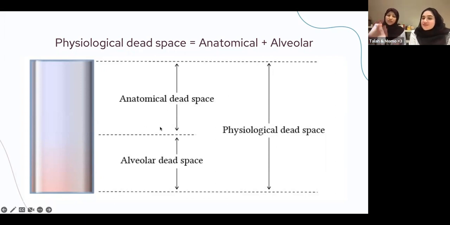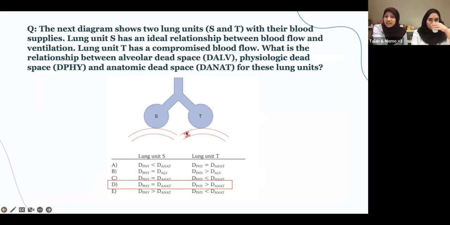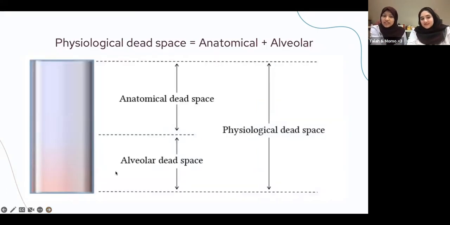Now, in the alveolar sacs, gas exchange normally does take place, but if there's something wrong with the blood supply, for example stenosis, it's harder for the gases to pass through because less blood is coming through. That's why we call this alveolar dead space. And physiological is just both of them together.